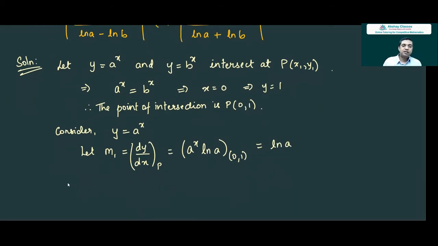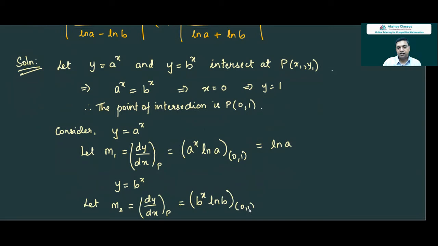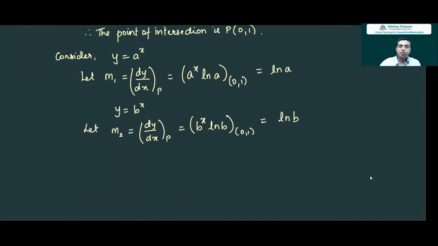All right. Similarly, y equal to b power x. Now let M2 be the derivative of this function at P. So we get b power x log b at this point 0, 1. Again, we get log b. So M1 is log a, M2 is log b.